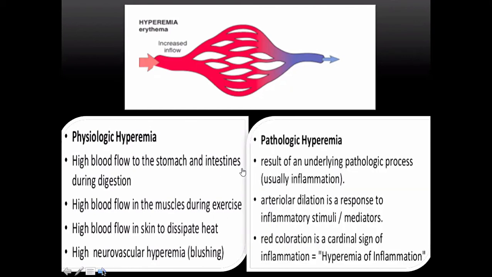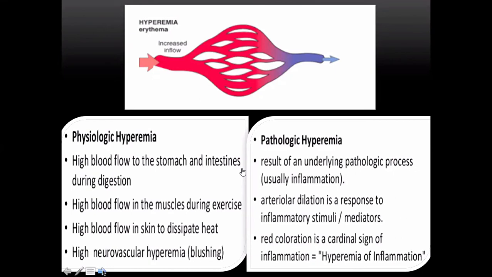Then we have what we call pathologic hyperemia. Pathologic hyperemia is the result of an underlying pathologic process, usually inflammation. The arteriolar dilatation is in response to inflammatory stimuli. So pathologic hyperemia is usually seen in inflammation.